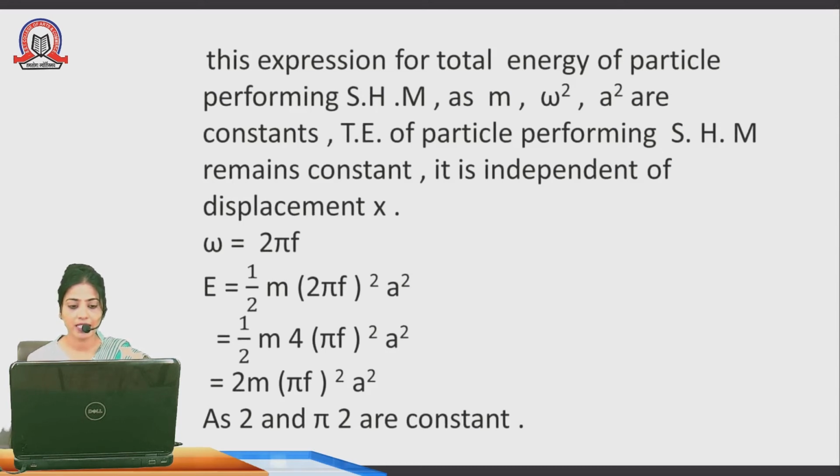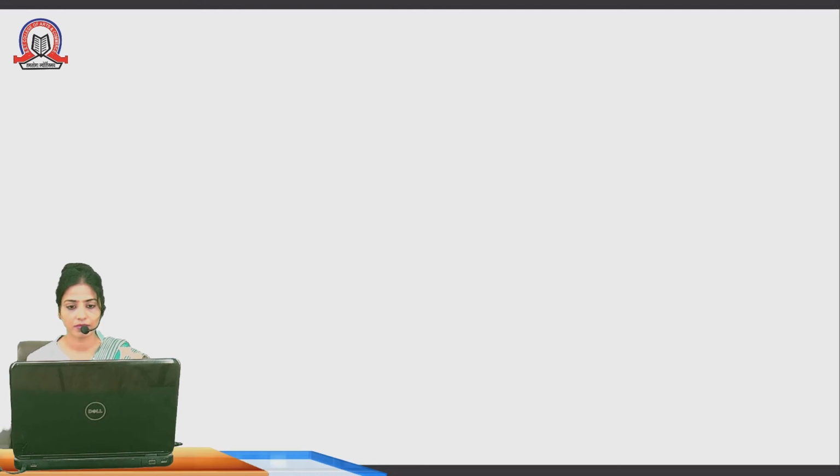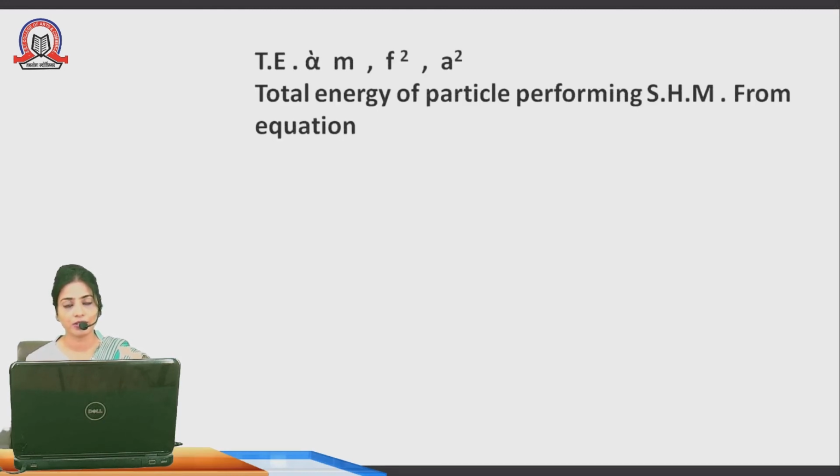So as 2 and pi square are constant. इसमें 2 और pi square क्या है? आपका constant. So the total energy is directly proportional to mass f square a square.